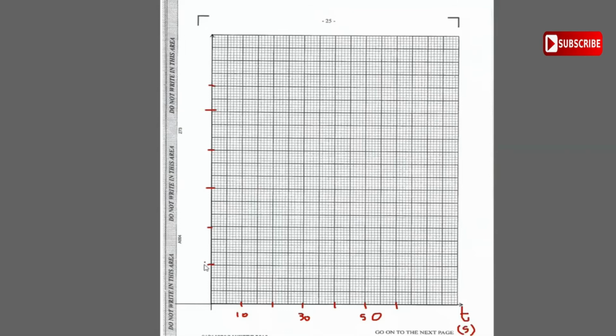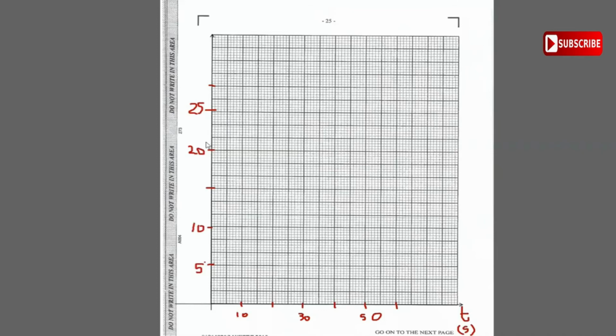Let's say this is 5, then 10. I just want to use up all of the graph. 20, right? So if here's 20 and here is 25, then in the middle is 22.